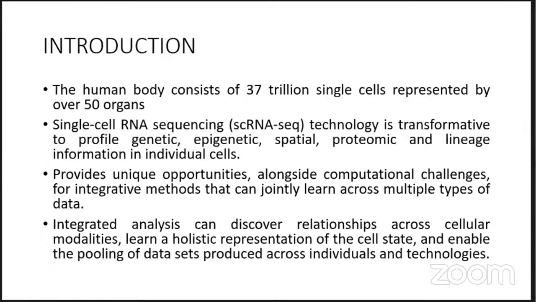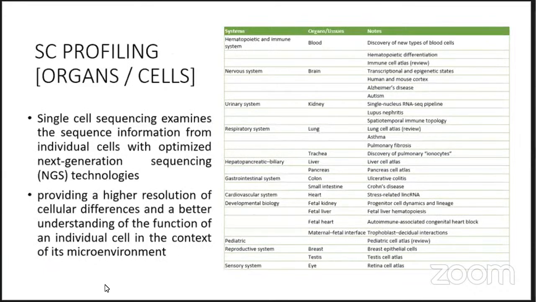So let us see which organs and cells have been profiled at single cell level. Here in the table, you can see that cells from blood, brain, kidney, lung, and many other organs have already been sequenced at a single cell level for various diseases.